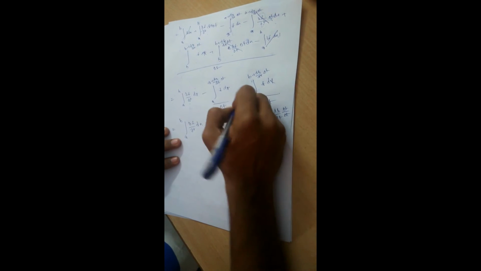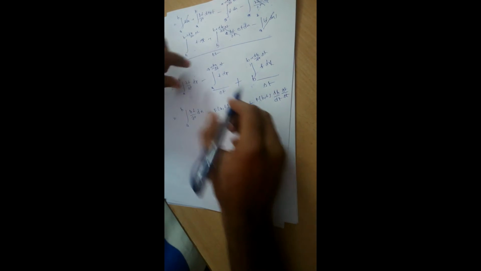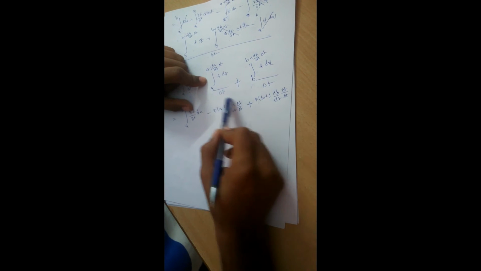Here it is plus and here it is plus. So how can we write this whole term like this?